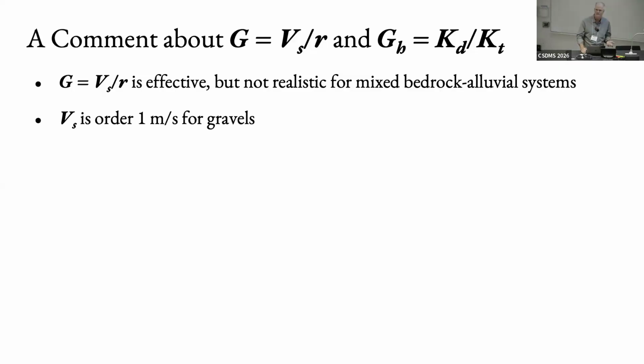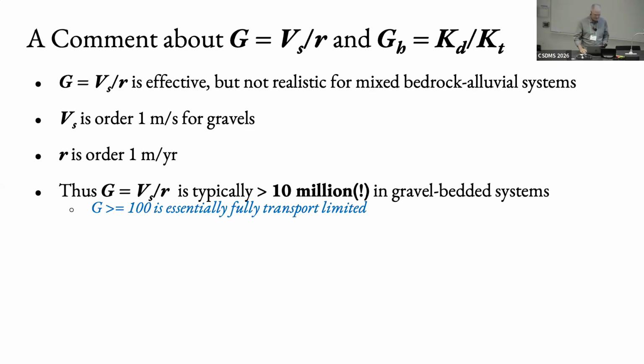But what does it mean? If you take that settling velocity as order 1 meter per second, and you can argue about the details, but it's something like 1 meter a second for gravel, and rainfall rate of order 1 meter per year, the value of that is 10 million. And as soon as it's 100, you're totally transport limited. So all these models, if taken literally, say they're always transport limited.